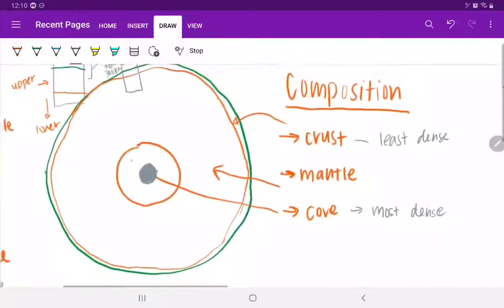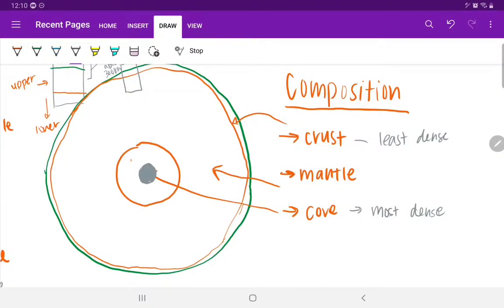And to give you, as one last thing, some reference to how deep the Earth actually is. The entire Earth, so if we draw a line from here to here, right? So the radius of the Earth is approximately 6,400 kilometers, more specifically 6,371 kilometers.